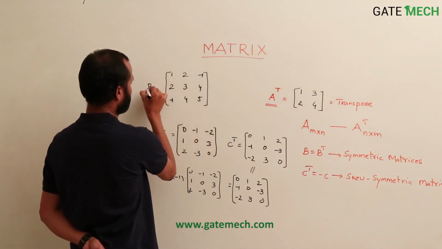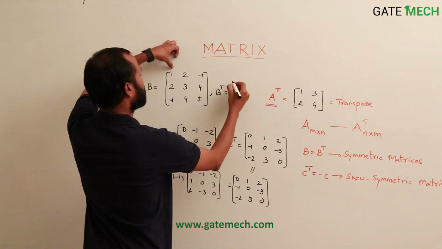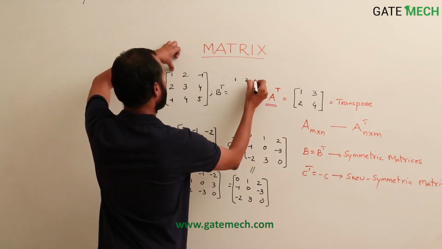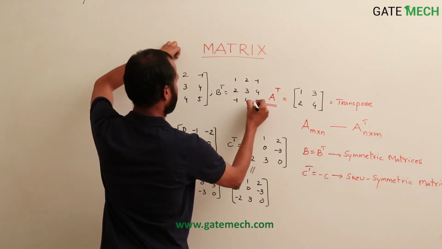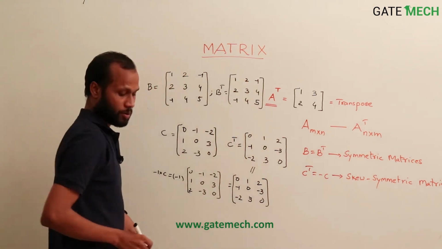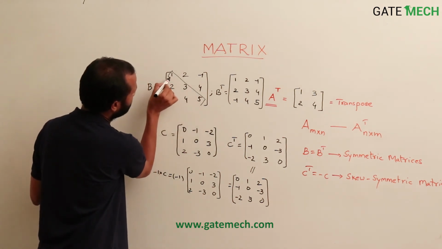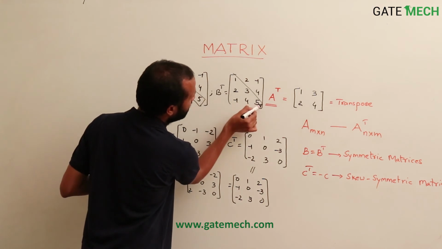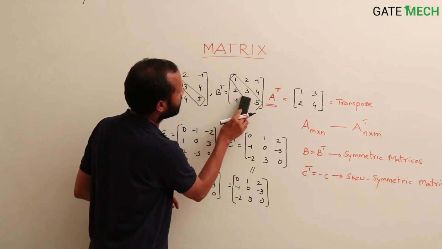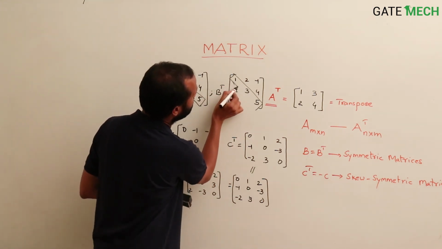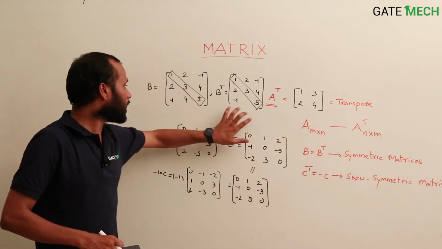This is, say suppose B, and B transpose would be 1, 2, minus 1, 2, 3, 4, minus 1, 4, 5, where B is equal to B transpose. In this case, the diagonal elements in B and the diagonal elements in B transpose both shall remain the same, correct? What are the diagonal elements in B? 1, 3 and 5. What are the diagonal elements in B transpose? 1, 3 and 5.